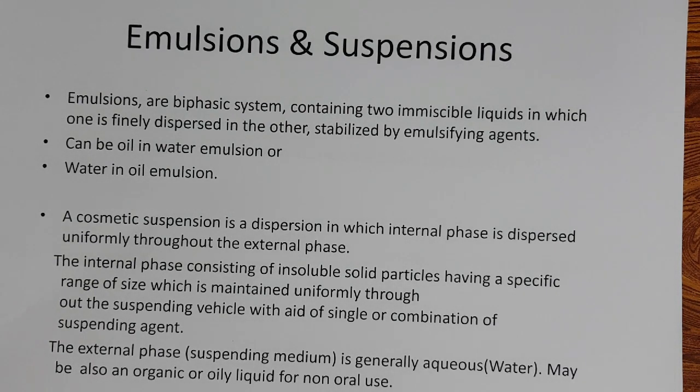If you take body lotions, most of the body lotions are emulsions. Calamine lotion is a suspension. So lotions can be an emulsion or suspension. Most of the creams are emulsions, right?